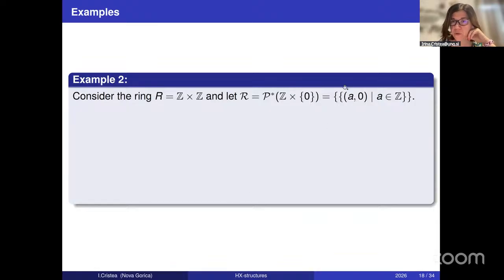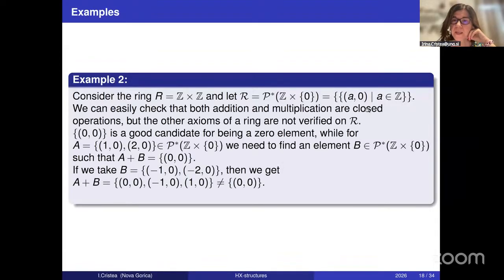So it contains the sets of elements of the form (a, 0), these pairs. Both addition and multiplication are closed operations, but the other axioms of a ring are not verified. And this was one source of mistake in one publication that I found.